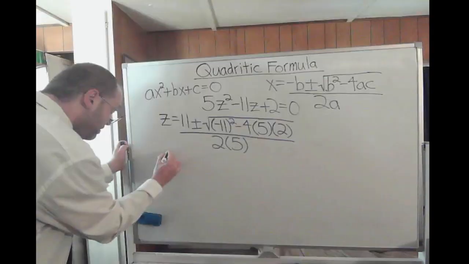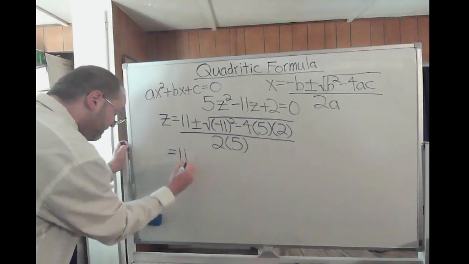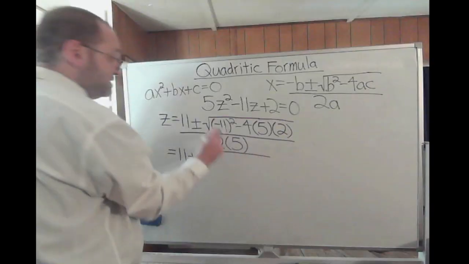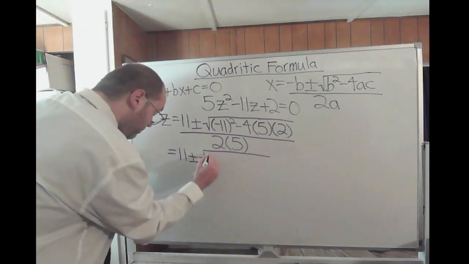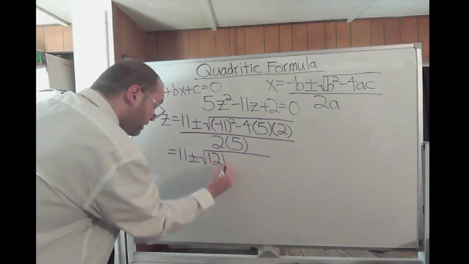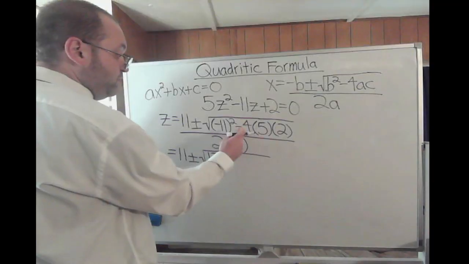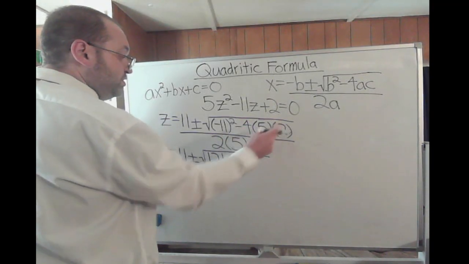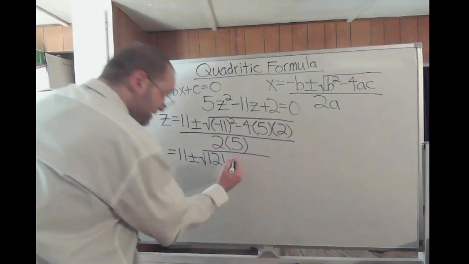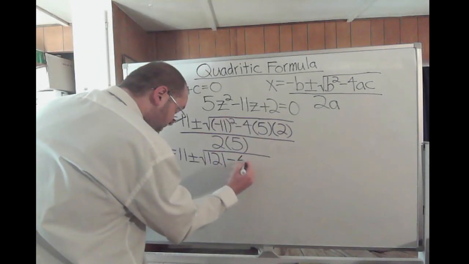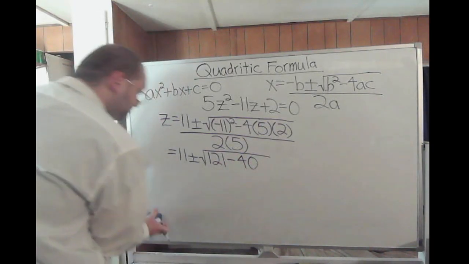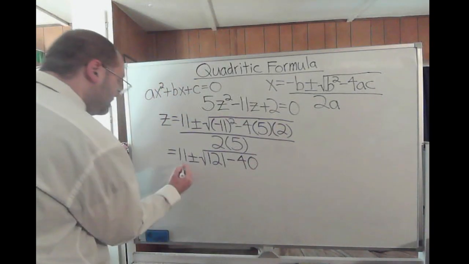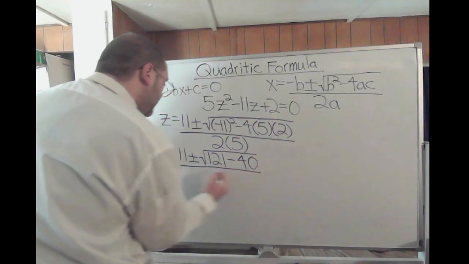So now we're going to have 11 plus and minus the square root of all this mess. Negative 11 to the second power, that's positive 121. Then you have negative 4 times 5, that's negative 20 times 2. That's negative 40. All over 2 times 5, which is 10.